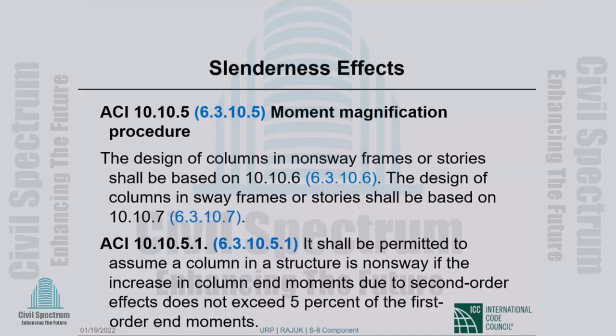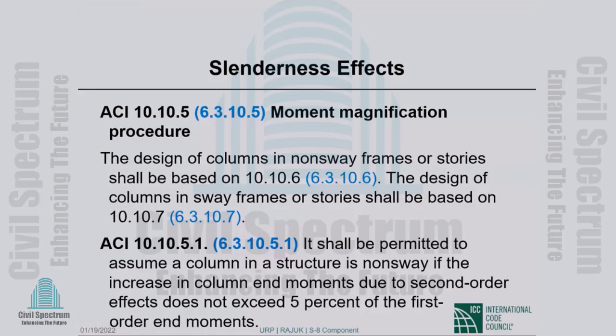Okay, let's start. We have quite a ways to go yet. So moment magnification, this is saying if it is a non-SOE frame, then your section is 10-10-6. And if it is a SOE frame, it is 10-10-7. SOE versus non-SOE, we have discussed at least once.